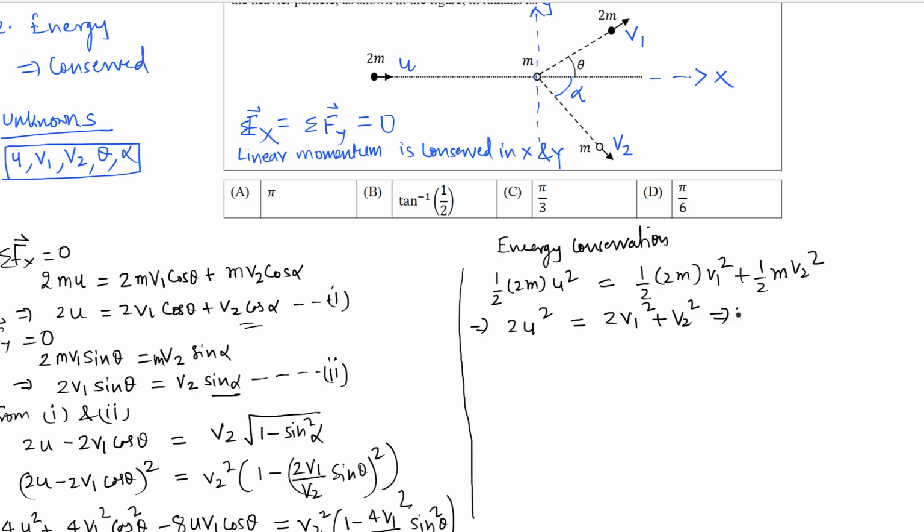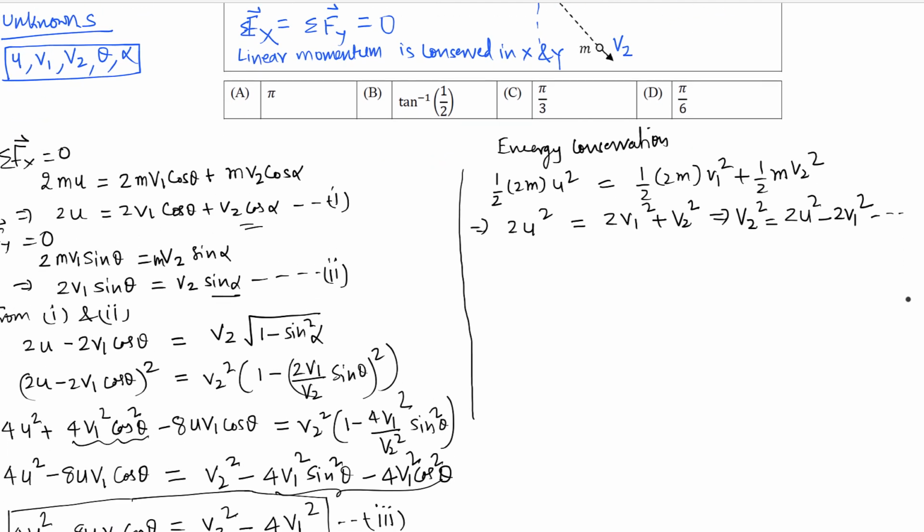That means v2 square is nothing but 2u square minus 2v1 square. Let's call it equation 4. What we are trying to do is get rid of v2 in this third equation.